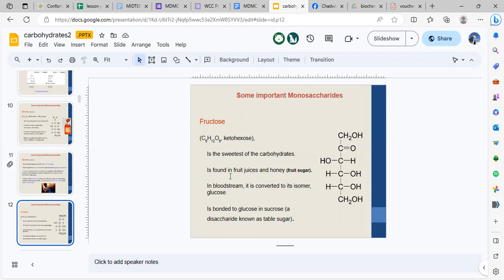The glucose structure is converted to fructose until it is broken down into two molecules. We will discuss that later in metabolism. Fructose is bonded to glucose in sucrose, which we know as the common table sugar. Sucrose is a disaccharide.